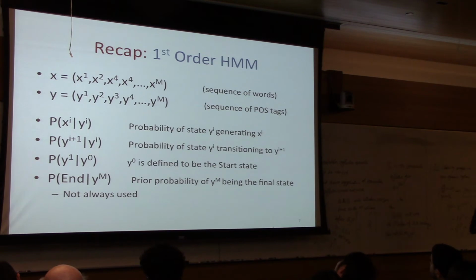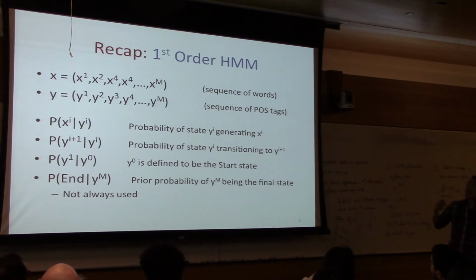So we talked last week about the first order hidden Markov model, which is a generative approach that generalizes Naive Bayes to model sequences, right? So the input sequence is X, the output sequence is Y. Then the first order hidden Markov model is fully defined by these probability functions. We have the probability that, given that we're in state Y, so one of the part of speech tags, we'd observe some word.